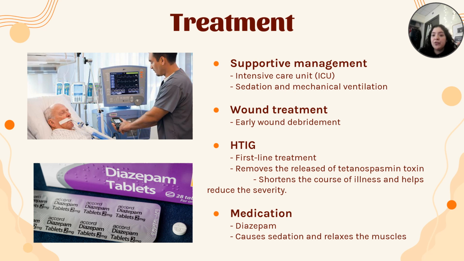It comes from human blood and has antibodies, which help fight tetanus and cause fast protection. Lastly, for medication, diazepam is prescribed, which is usually used for anxiety, but it also causes relaxation in the muscles, and it also helps prevent respiratory and cardiovascular complications.